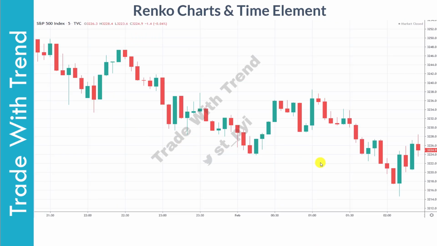Now pay attention to the chart in front of you. This is again S&P 500 index on a 5-minute time frame chart, and this is a candlestick chart that you can see. Now I want to differentiate between a standard candlestick chart and a Renko chart with respect to the time element here. If you look at this particular candle, this candle is plotted at 1 a.m. in the morning.